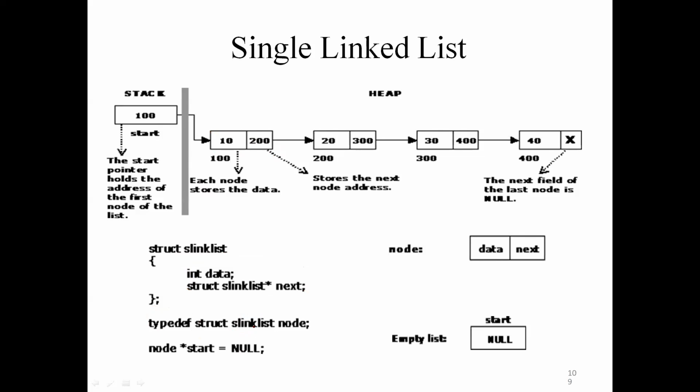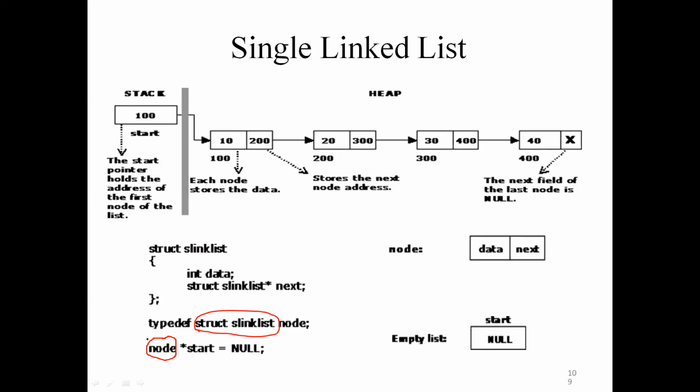So here I am giving the S-link list an alias name, node. Hereafter, if I want to declare a node, I just use node. That's all. I don't want to write struct S-link list. Instead of struct S-link list, I'm using node.